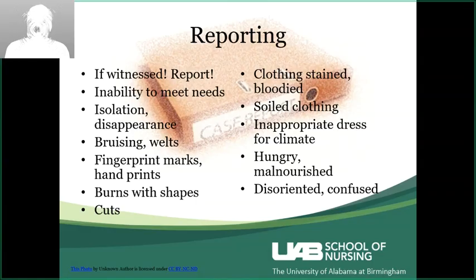Even if your community doesn't have a coordinated community response, it's likely the hospital reaches out to specific organizations to take over that role. So things to look out for are disappearing with contact, bruising, welts, fingerprints or handprints, the same things I've been talking about all along. And if you see that, then it's important to report it to get that family the help they need before it becomes an abusive event.